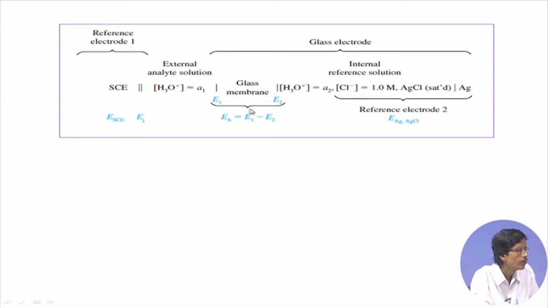So, if we consider that this membrane is attached to your hydrogen ion concentration, you have an internal reference electrode. This internal reference electrode is nothing but reference electrode number 2. So, within your glass electrode you have reference electrode number 2, and outside you have the other half of the cell, a standard calomel electrode.